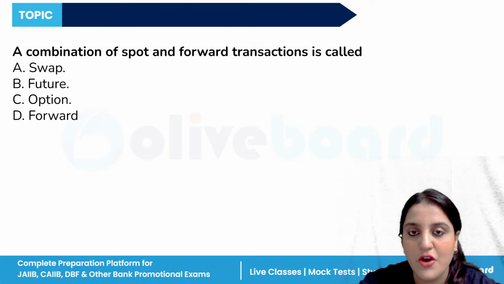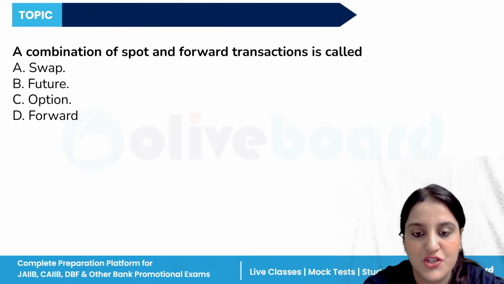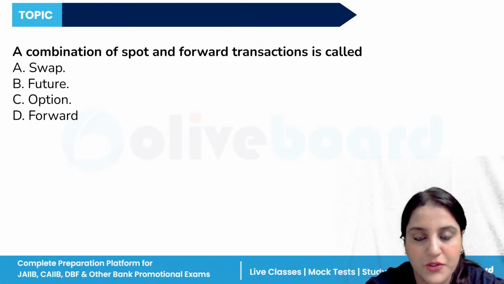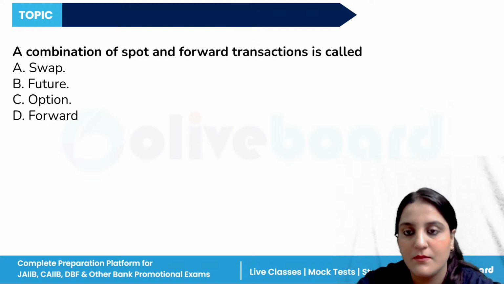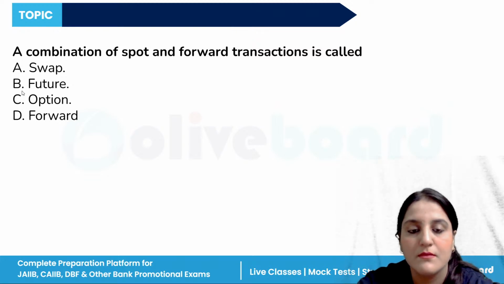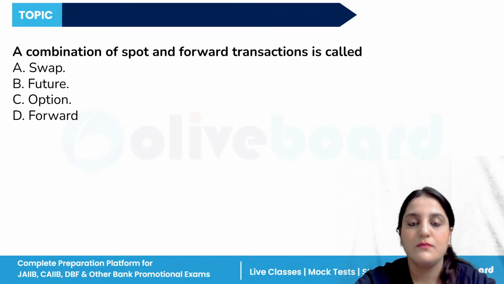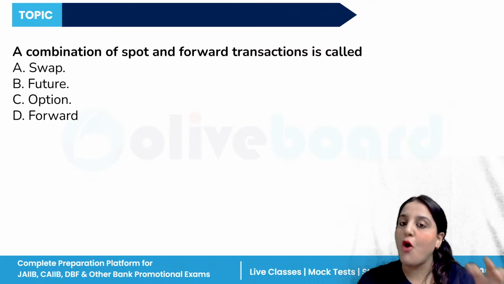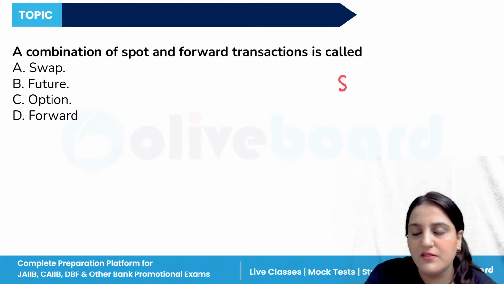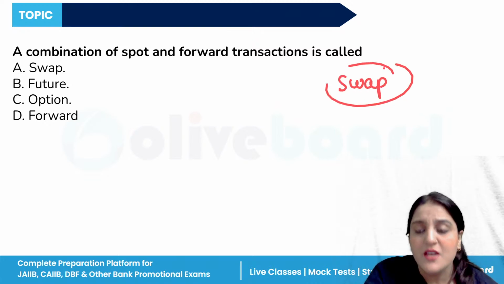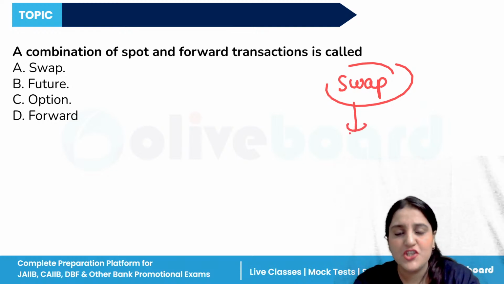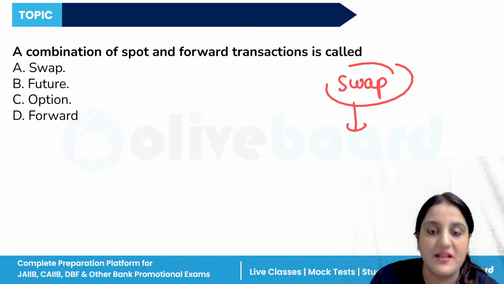A combination of spot and forward transactions is known as, four options are given. A combination of spot and forward transaction is called a swap. Why? Because a swap is the combination of spot and forward transactions.